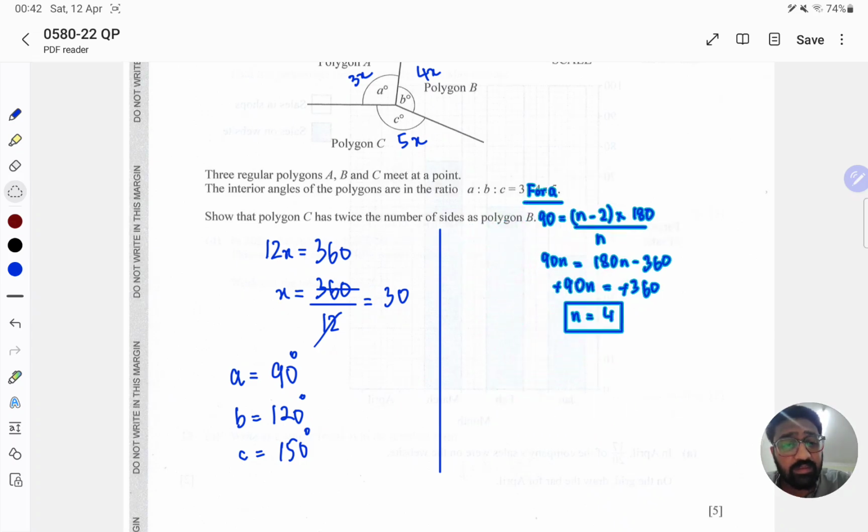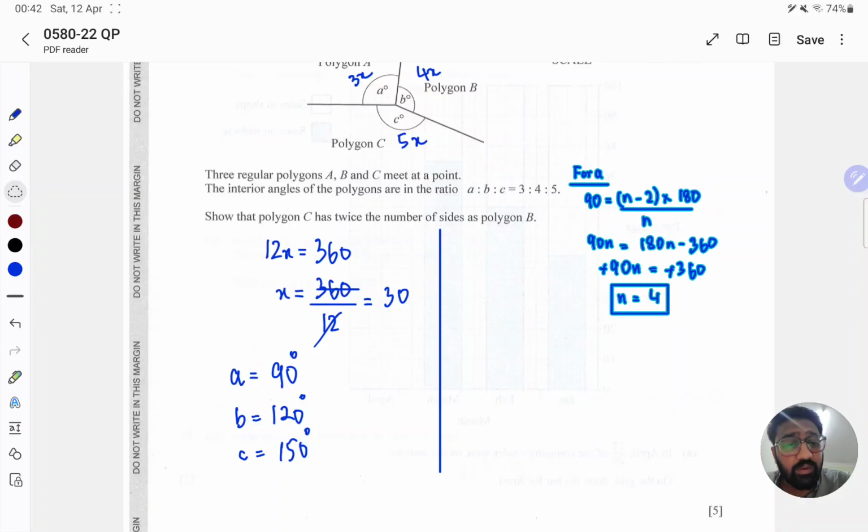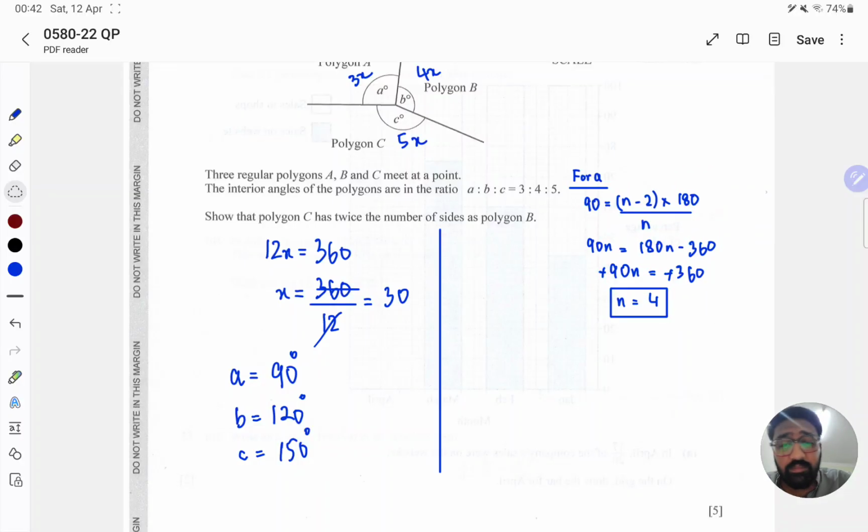Now I'll do the same thing for B. For B the interior angle, which we already found out, is 120. So we'll use the same formula, n minus 2 multiplied by 180 divided by n.